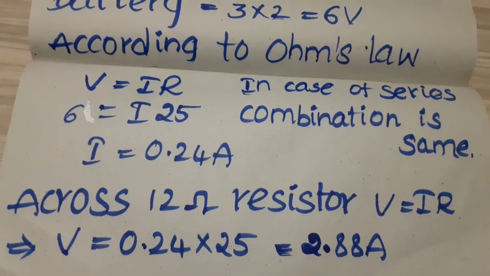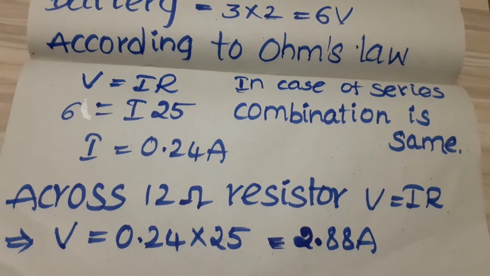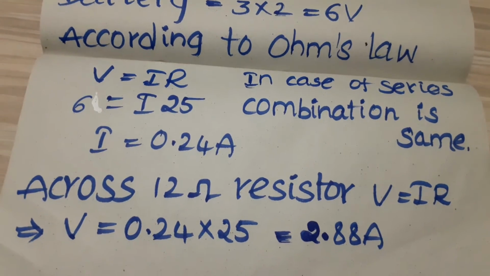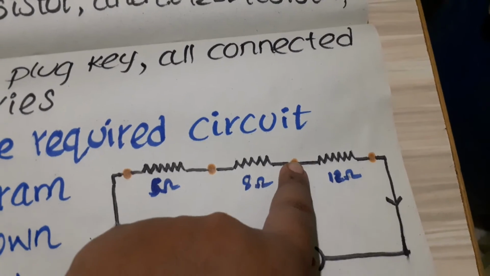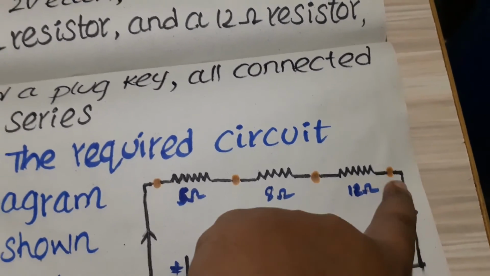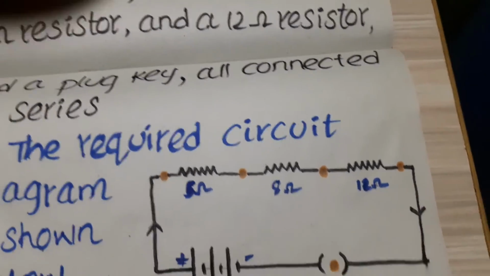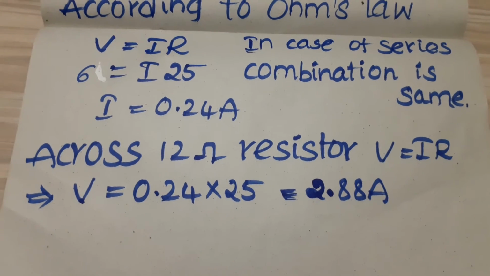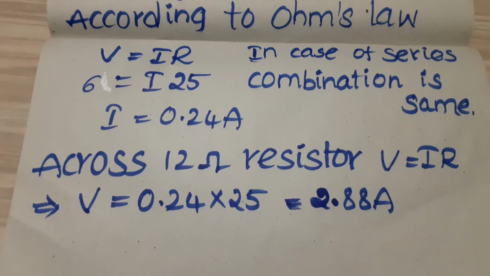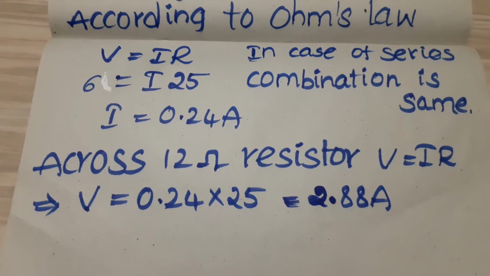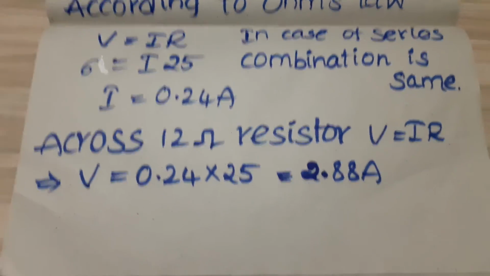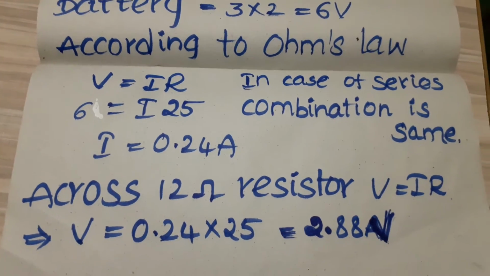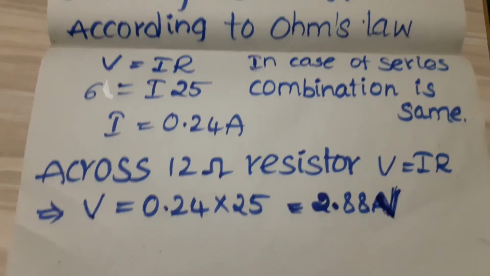Now we have to find the potential difference across the 12 ohm resistor. When a voltmeter is connected in parallel to the 12 ohm resistor, it gives the value 2.88 volts.